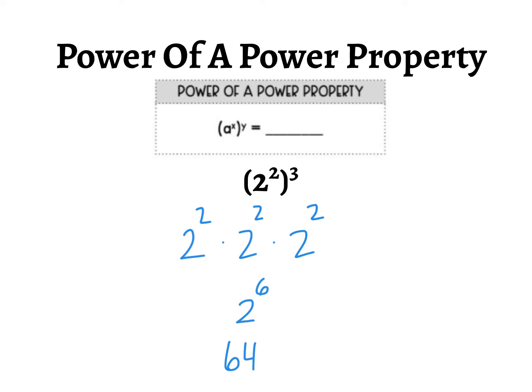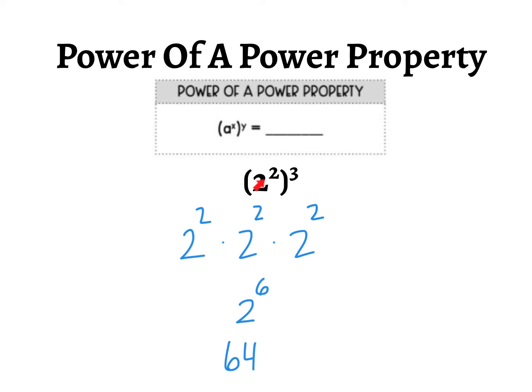An exponent raised to another exponent, instead of expanding the form and then adding the exponents, you can skip that step by figuring out how many of these am I going to have. I'm going to have 2 3 times. So in the end, I have 6 of those. I can multiply the exponents to each other. Okay?